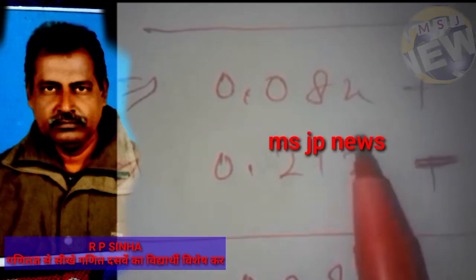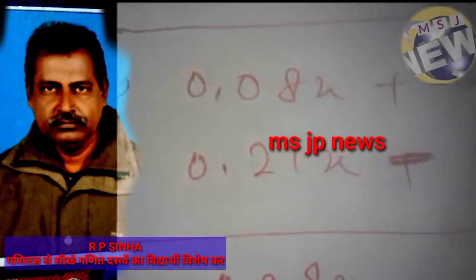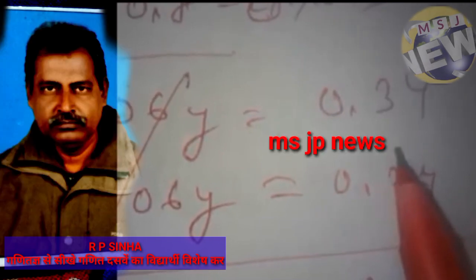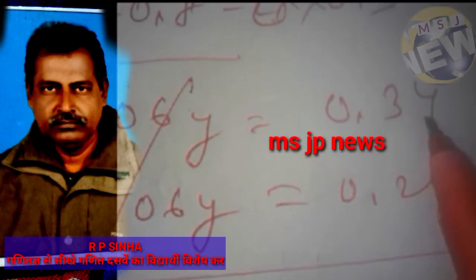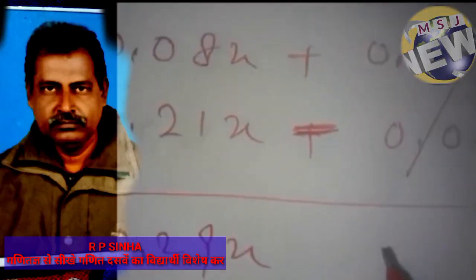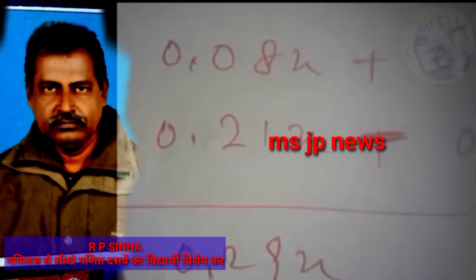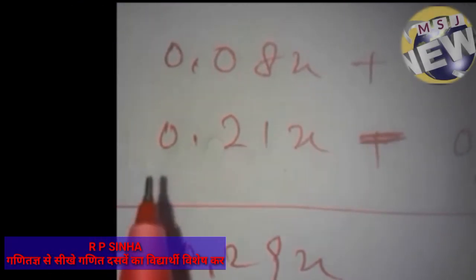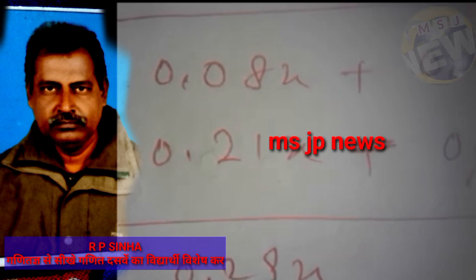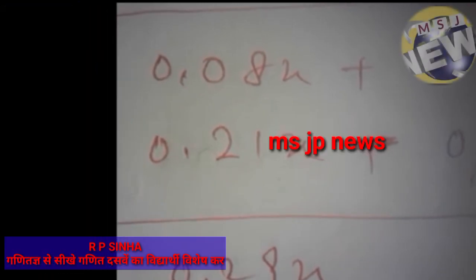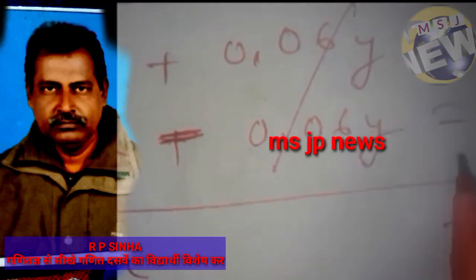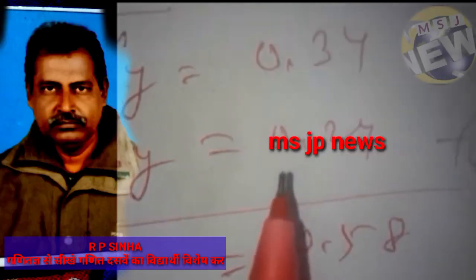In equation number 3 we get 0.08x + 0.06y = 0.34, when all the terms of equation number 1 are multiplied by 0.2. Multiplying equation number 2 by 0.3, we get the new equation number 4: 0.21x - 0.06y = 0.24.